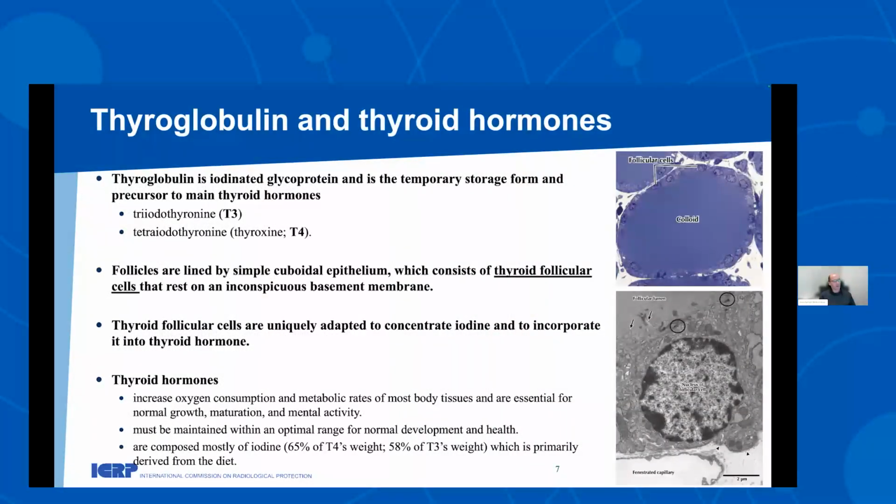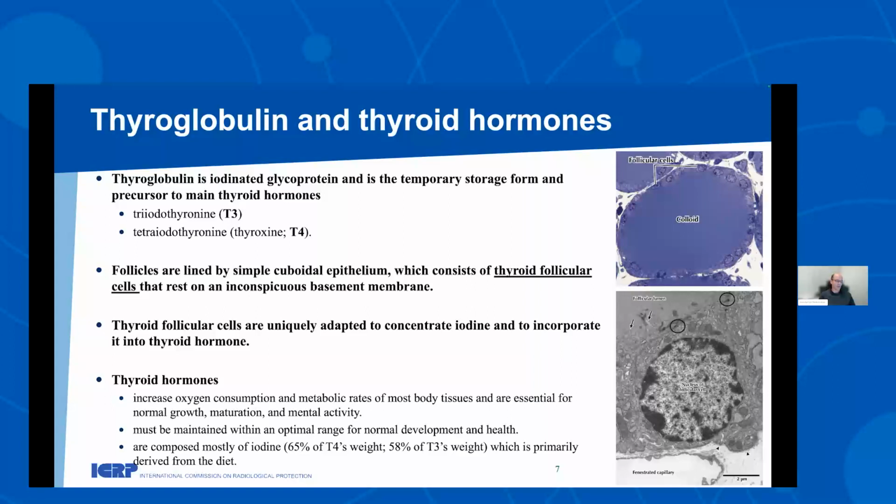Thyroglobulin is the material which accumulates and helps produce thyroid hormones. The major thyroid hormones are T3 and T4, produced by synthesis in the thyroid gland. The thyroid hormones increase oxygen consumption and the metabolic rate of most body tissues, and are essential for growth, maturation and mental activity.